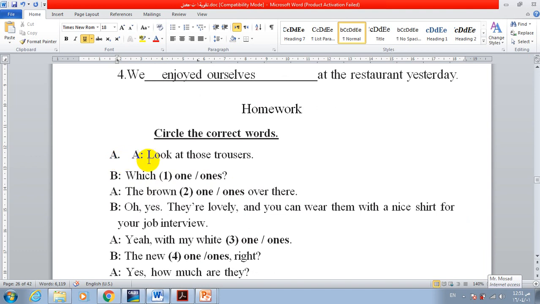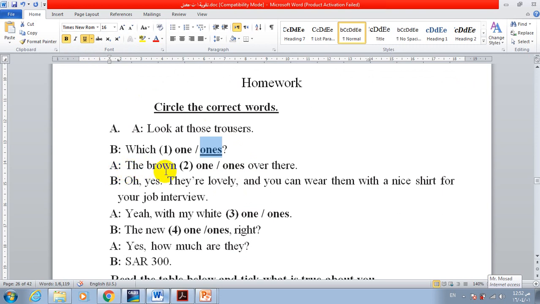Exercise A. Look at those trousers. Which one or ones? Here he says those trousers. So is this a singular or plural pronoun? Yes, it's plural. So the right pronoun is ones. Okay.